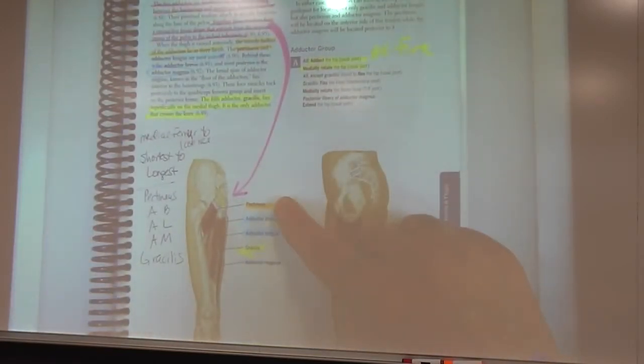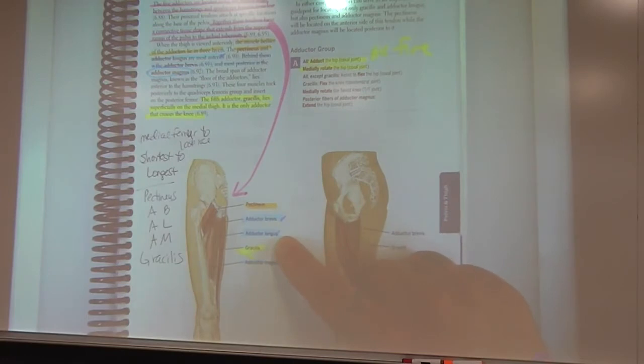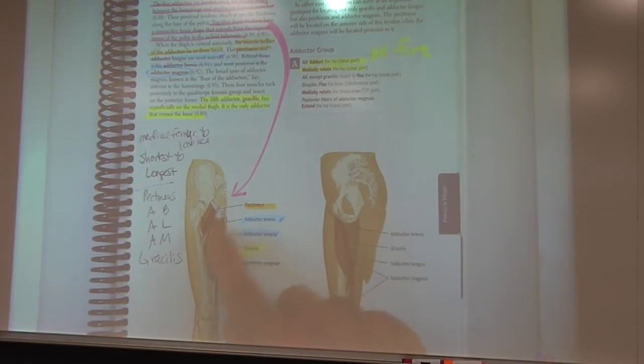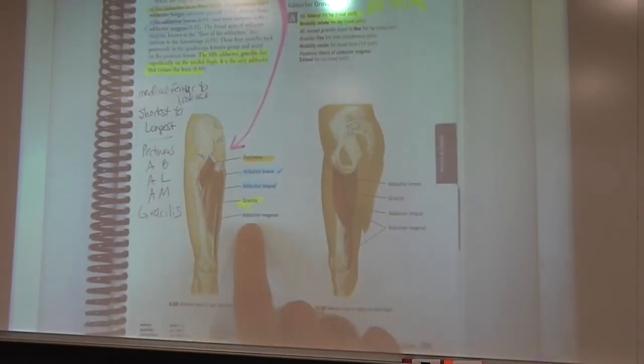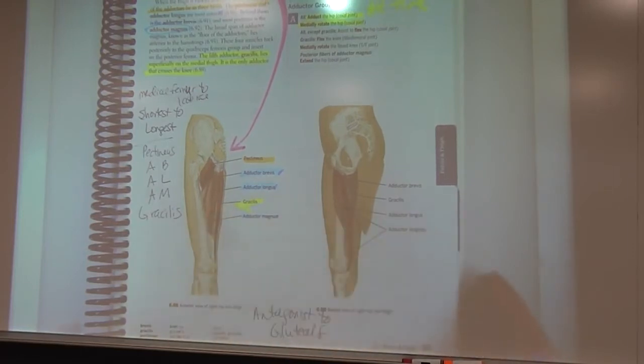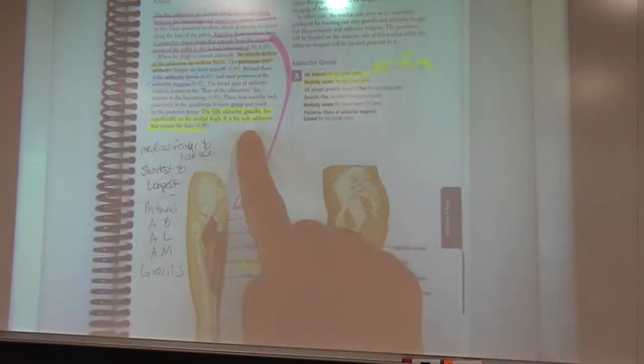The next layer is adductor brevis here. And then we have the one that is more on the posterior aspect, adductor magnus. We're going to look at another view of magnus on the next page. It'll show how big it is. And then we have the very last one, gracilis.